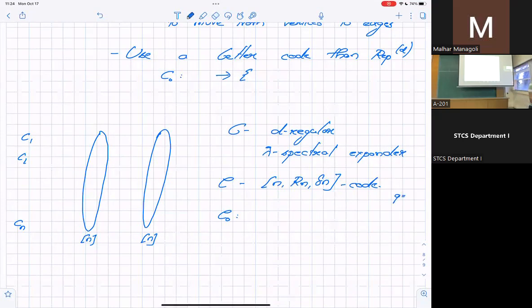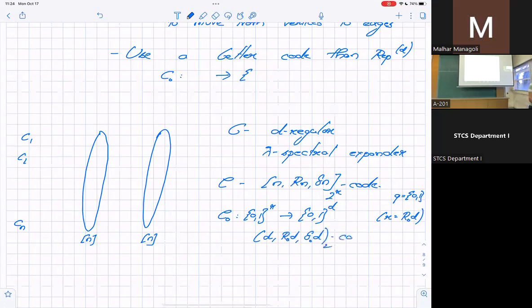C0 is a code going from Q to 0,1 to the D. It's a code of length D with rate R naught and distance delta naught.